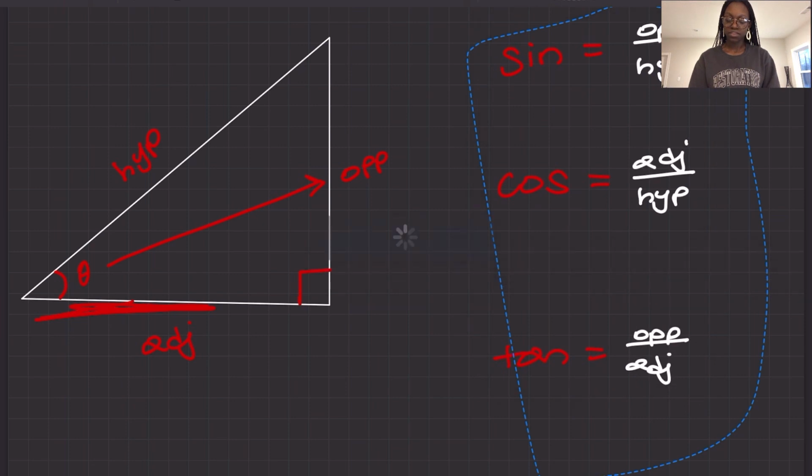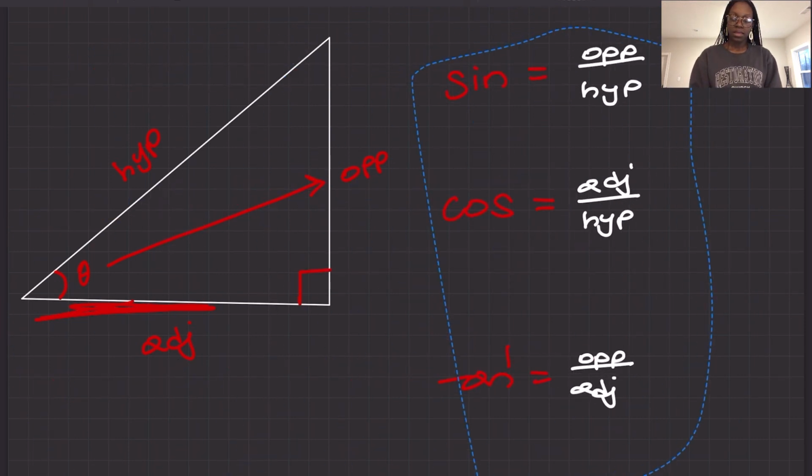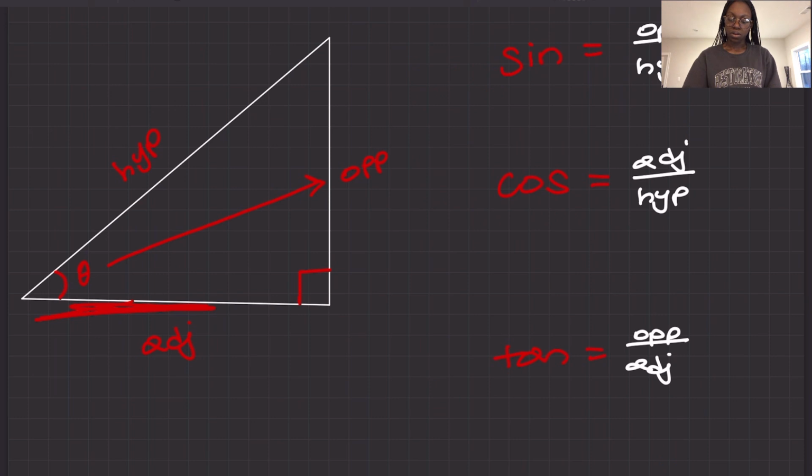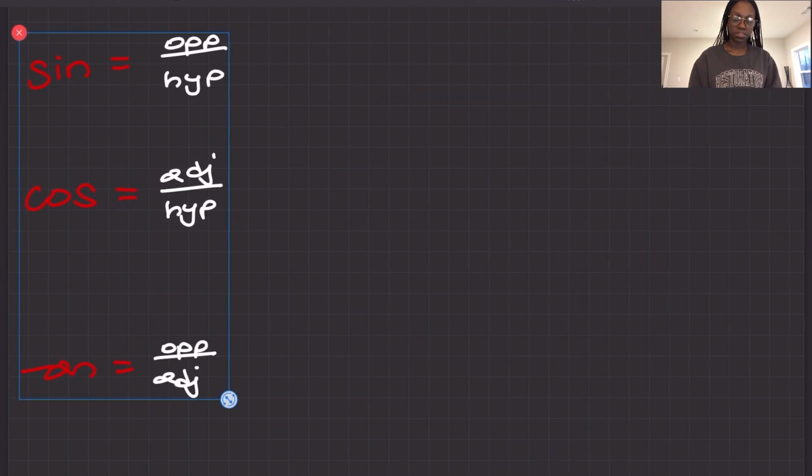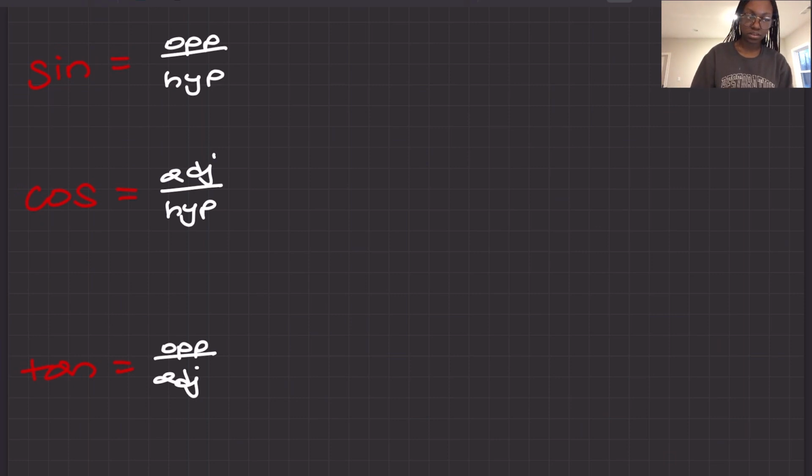I'm just gonna copy those real quick. And so you have secant, you have cosecant, and then cotangent.